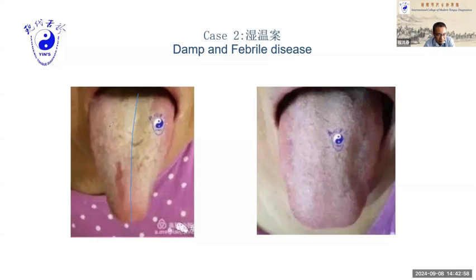We know it's lung blockage, and this small piece of tongue fur has been lost, so we know this side of the lung is more inflamed than the left side. The other part is covered by yellow greasy tongue fur, so we know this is heat and dampness. So I said, okay, take 5 bags of herbal tea, and then tell me what happened.